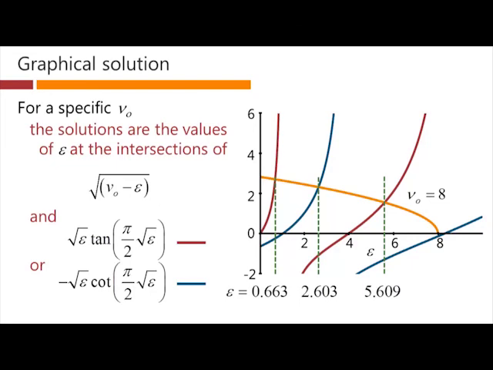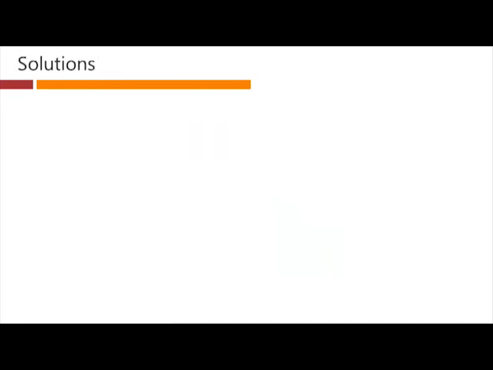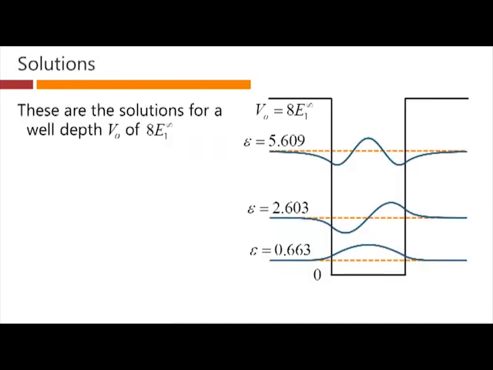And you'll note there are no more solutions here. There are only these 3 intersections with this curve here and either the tangent or cotangent curves. So there are only 3 eigensolutions inside the well. So these are the actual solutions.